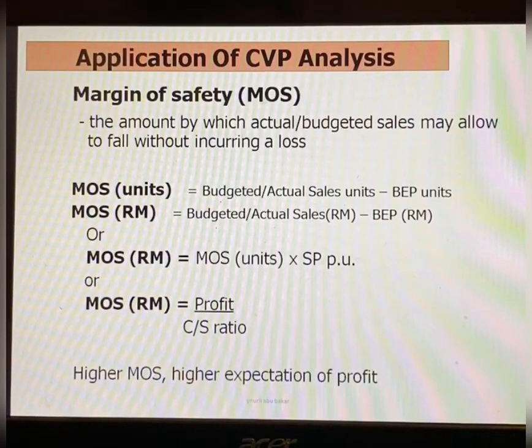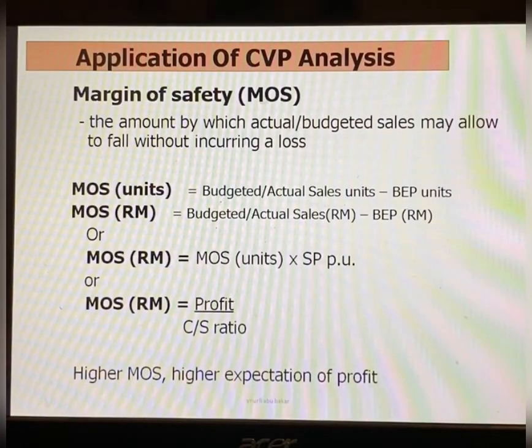Margin of safety, or the MOS, is the amount by which actual or budgeted sales may fall without incurring a loss. So the formula for the margin of safety in units is the budgeted or actual sales units minus the BEP units.